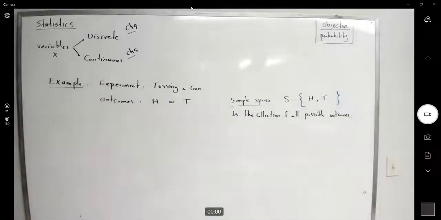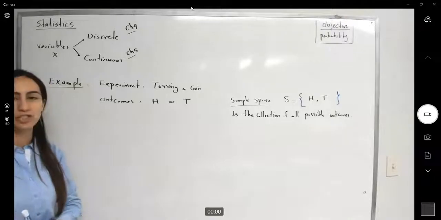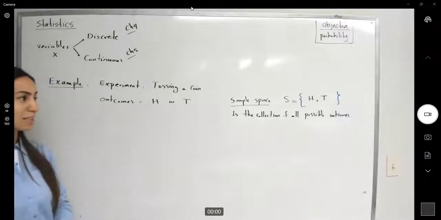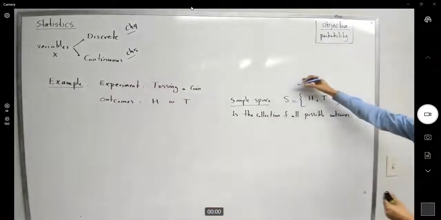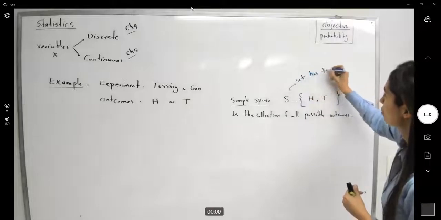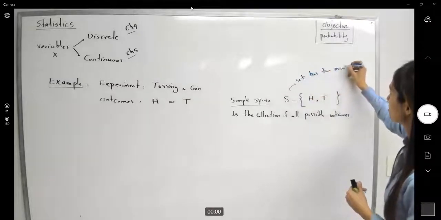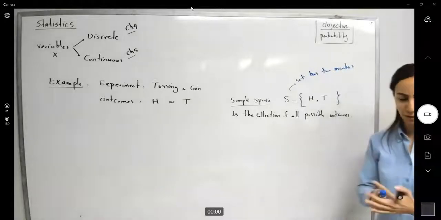There you go. When you have a sample space, including all possible outcomes, there are some sub-collections or subsets for this set. S is just a set. This set has two members. Of course, you can define subsets for this set. We call them events.